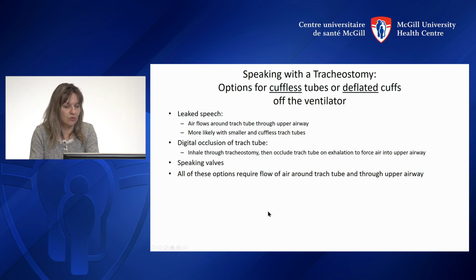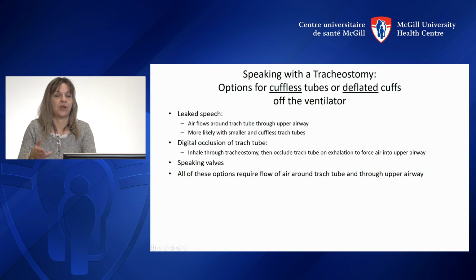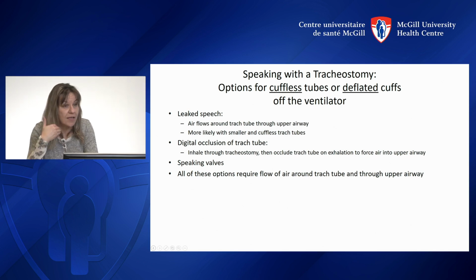We can also do a digital occlusion of the tracheostomy tube, where we ask the patient to breathe in, and with our finger and glove we occlude the tube, and on exhalation, the patient produces audible voice as they force the air around the tube into the upper airway. Another option are speaking valves, which I will address a little bit later.